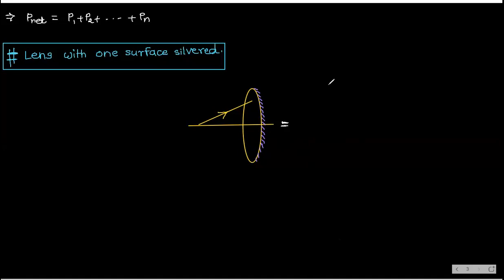Listen carefully. First, this is a lens, right? So when the ray is entering, due to this curved part you are getting the first image. So that is what I am drawing here. So this is a lens.